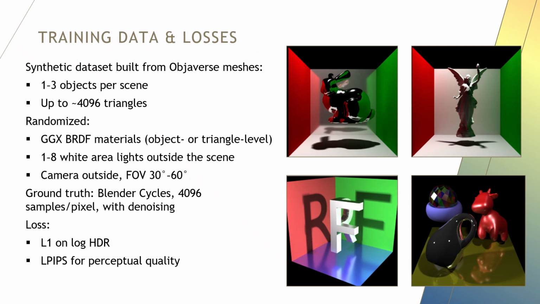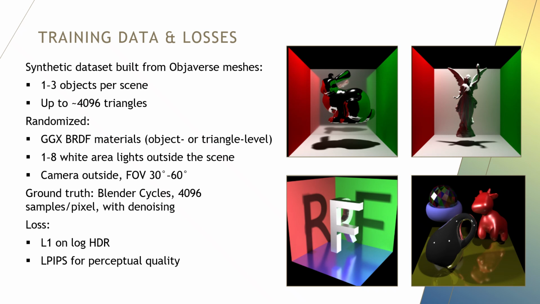So, how do you train something like this? They synthesize millions of training examples using meshes from Objaverse. Objaverse is a very large open dataset of hundreds of thousands of diverse 3D objects collected from the internet, designed to support 3D vision and generation research. These objects are placed into simple room templates with walls and a floor.